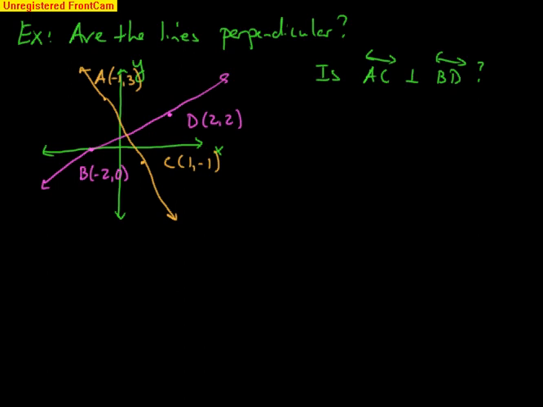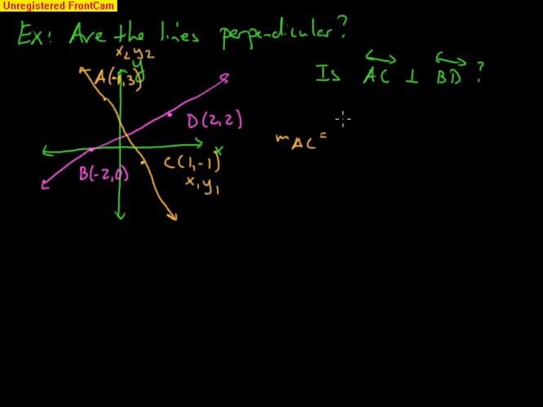So AC is orange. So the slope of AC equals, again, we're going to use that slope formula, y2 minus y1 over x2 minus x1. You can also count if there's a grid. Remember I talked about rise over run, but here we don't have a grid, so I'm not going to count. Sorry, that's a -1. Okay, so say this is my x2, y2, and this is my x1, y1.